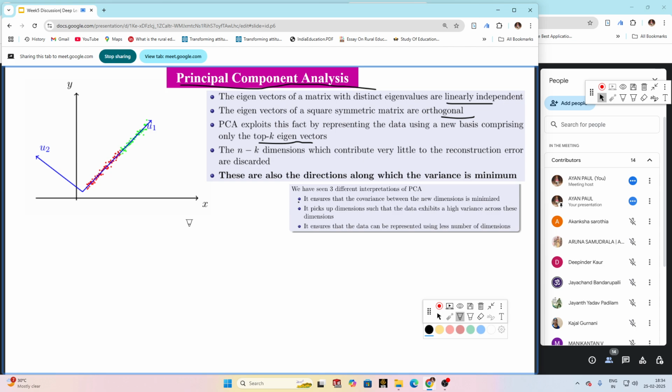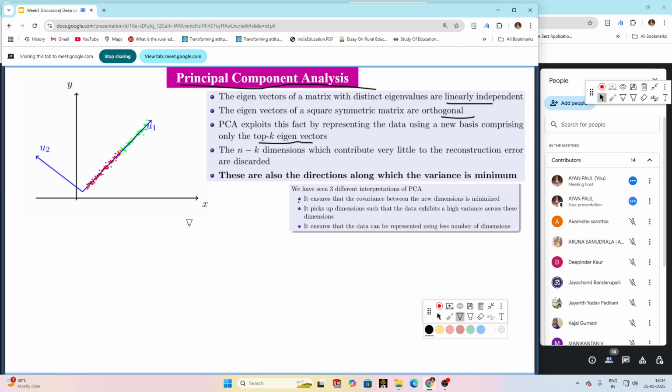What are these axes? These axes are nothing but your eigenvectors. Okay, because we have just seen that eigenvectors form the most convenient basis. That is why we will be projecting onto eigenvectors. Second thing, we will take the top k eigenvectors and we will eliminate the other n minus k eigenvectors. If there are a total of n eigenvectors, we will only take the top k eigenvectors.